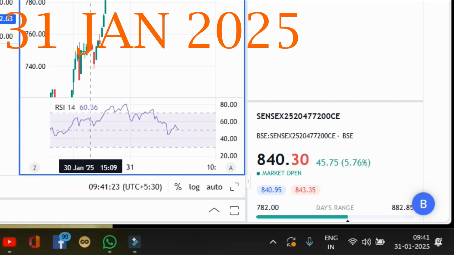Let us wait. Now the time is 9:41 and premium price is 845. So let us wait for 848. Okay, 880 is our target. Another 30 points means it will be done.